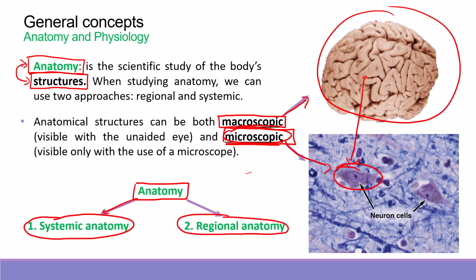I will say right now that my favorite is regional anatomy, and you will see why in a minute, because studying anatomy based on regions and specific parts is more exact to what you will see in a real person.